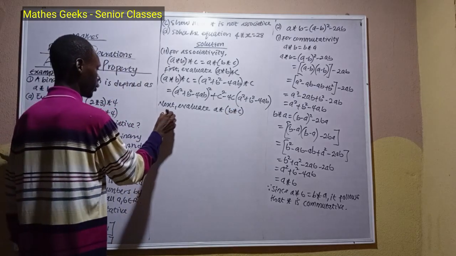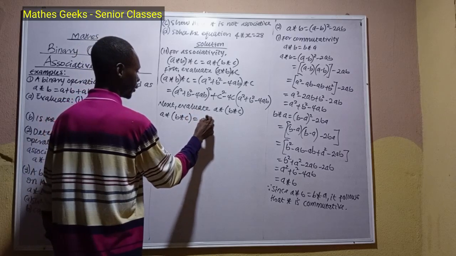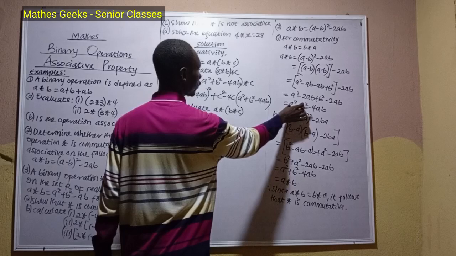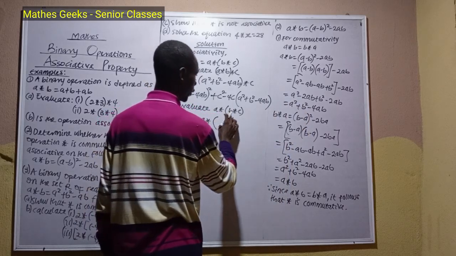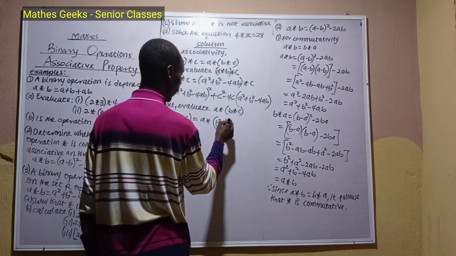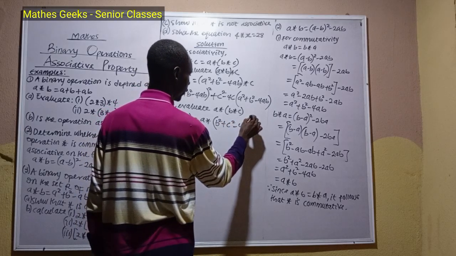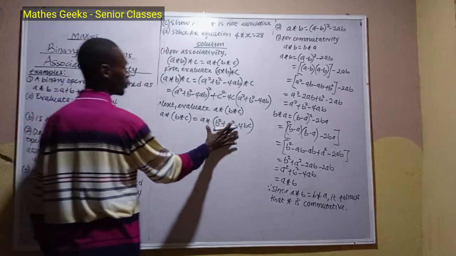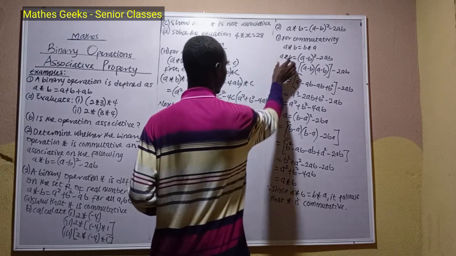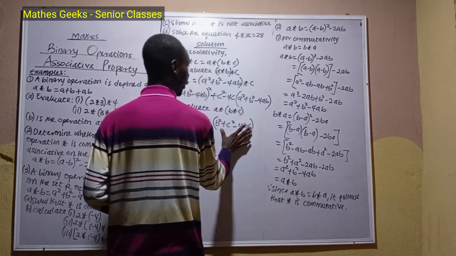So A star (B star C) is equal to A star, and for B star C, from this general formula, A will be B and B will be C. So that will give us B squared plus C squared minus 4BC. So from the general equation A star B, A is A and B is the whole of this bracket.